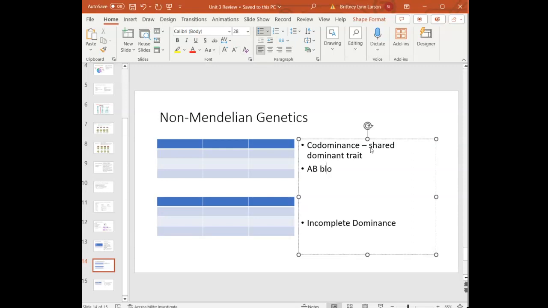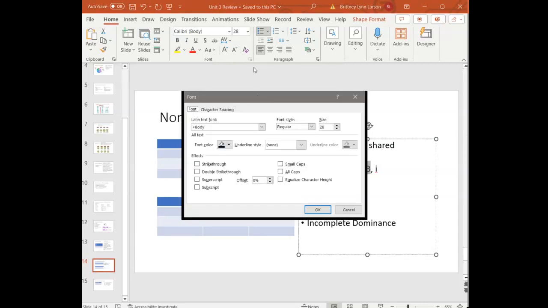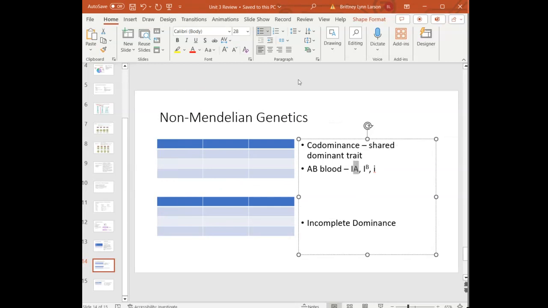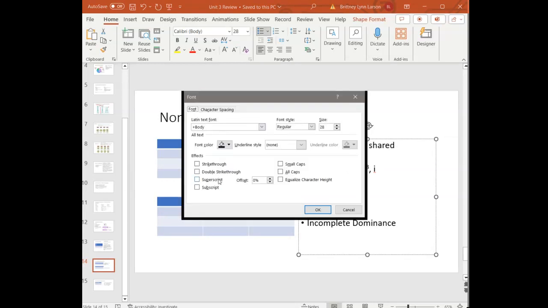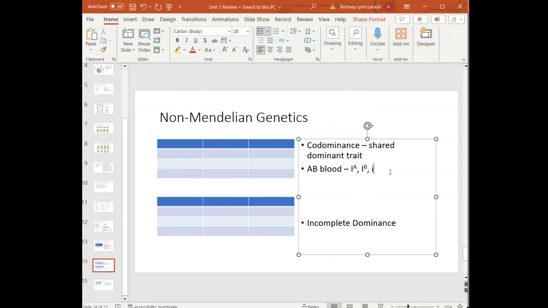This would be your AB blood type, because your blood type is I A, it can be I B, or it can be lowercase i, where these A's and B's actually stand for the different characteristic, the different expression of an antigen or a protein.